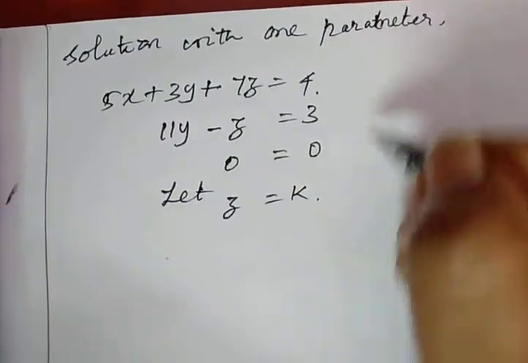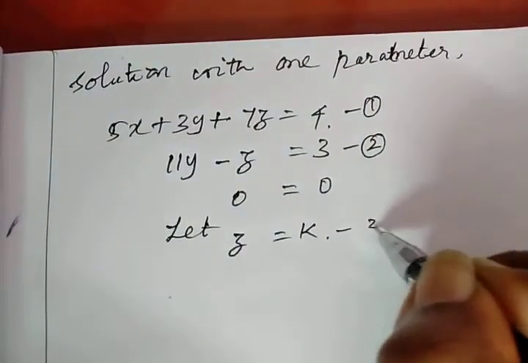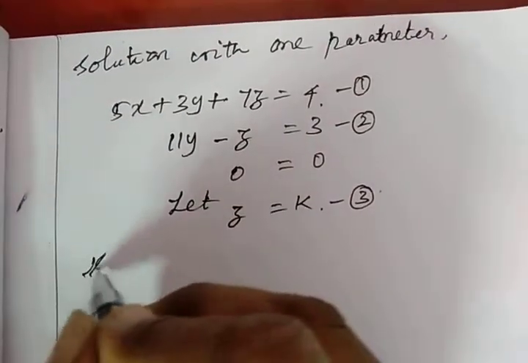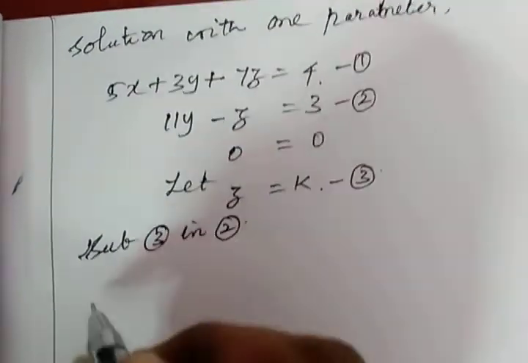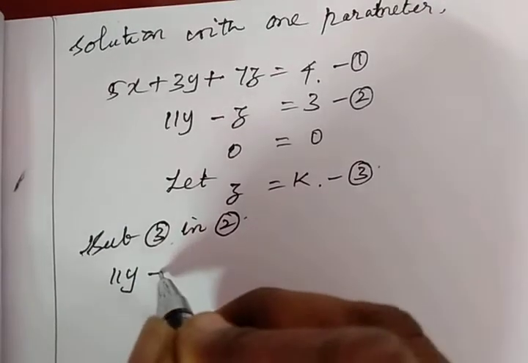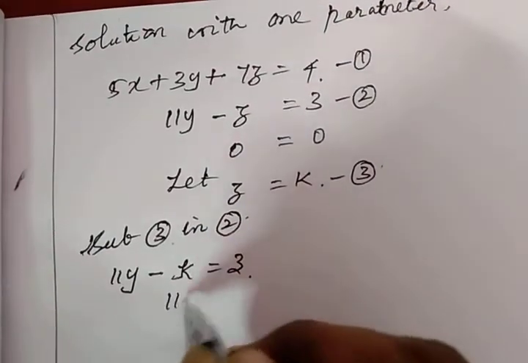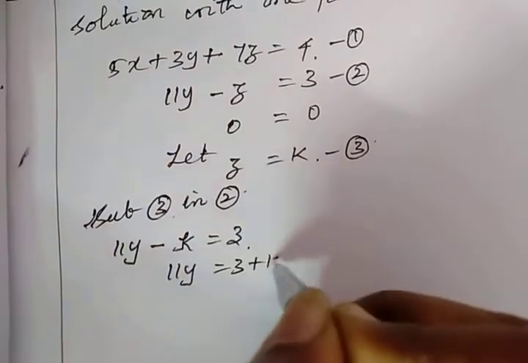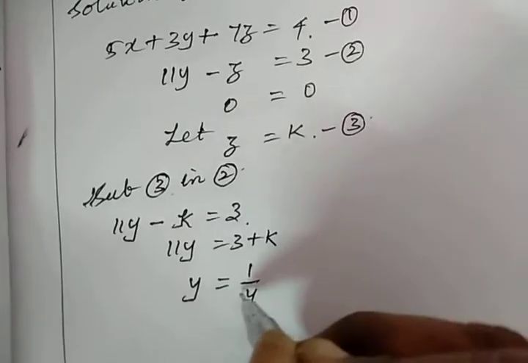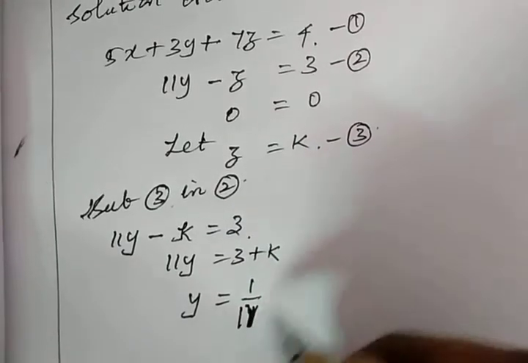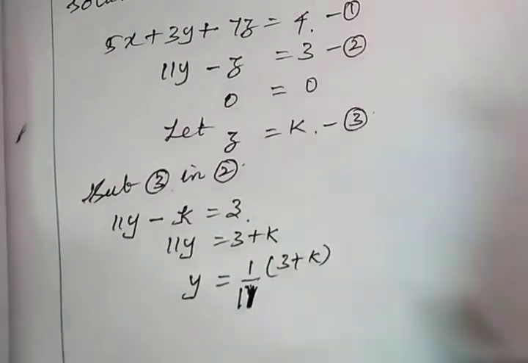Now take this as equation number 1, equation number 2, equation number 3. Substitute 3 in 2. So I'll get 11y minus, instead of z I can substitute k, equals 3. 11y equals 3 plus k, y equals 1 by 11 into 3 plus k, or else 3 plus k divided by 11, both are the same.